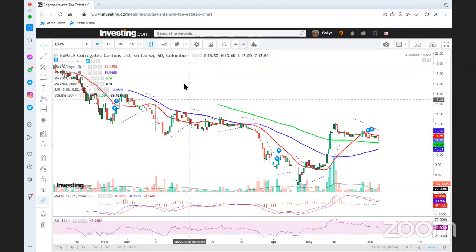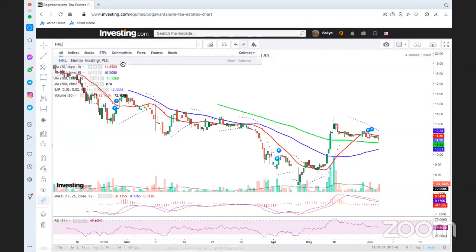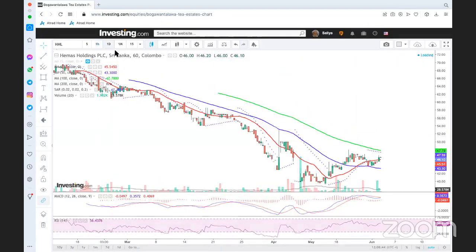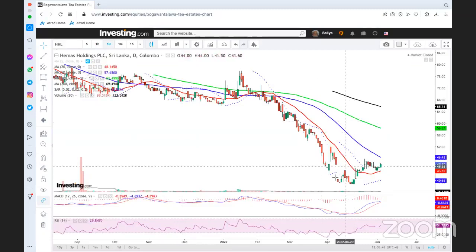Whatever I covered, so let's see HHL. HHL on the daily chart is at the lower end of the trend. Only the basic conditions are there. Interestingly, after this higher high, the next higher low is happening here.